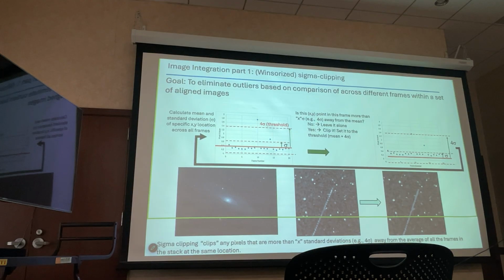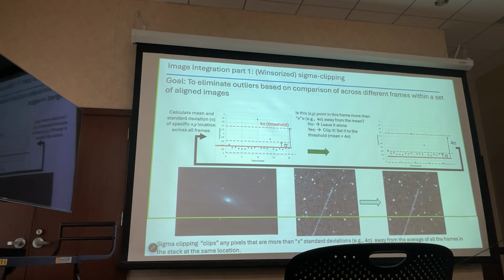Standard deviation, of course, is a measure of variation. So I take all these frames at a particular pixel, measure the value of the pixel in all the frames, and determine the standard deviation. That tells me how uniform that pixel is across many frames.